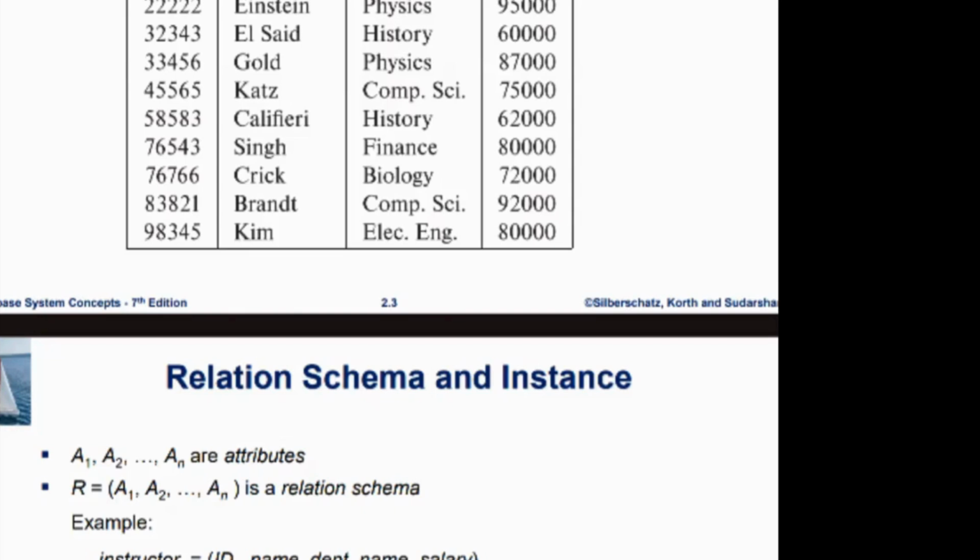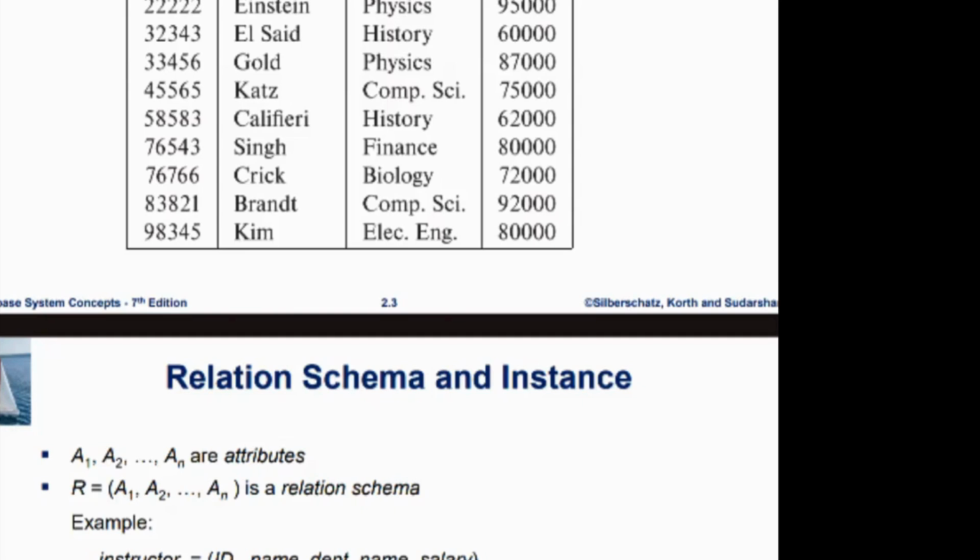Next one, see here. Example for project operation. Eliminate the department name attribute of your relation. The relation name is instructor. If you want to eliminate that, very simple. Pi id comma name comma salary. You want to display only id, name, salary from where?